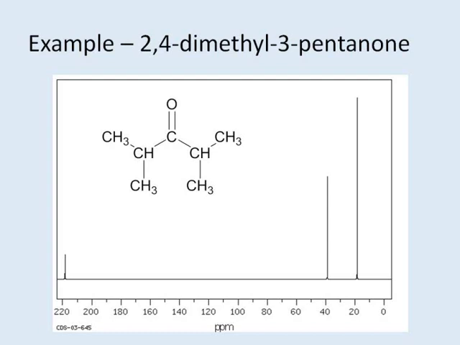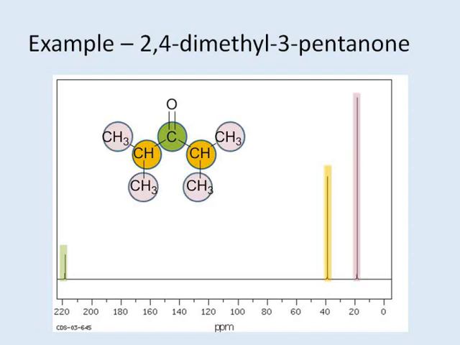Based on what we have learnt so far, you should be able to identify the peak just under 220 parts per million as belonging to the carbon of the carbonyl group. Hopefully you also identified that the 2 chemically equivalent CH groups would be the peak just under 40 parts per million, shown in yellow. Finally, the upfield peak belongs to all 4 CH3 groups, which are chemically equivalent.